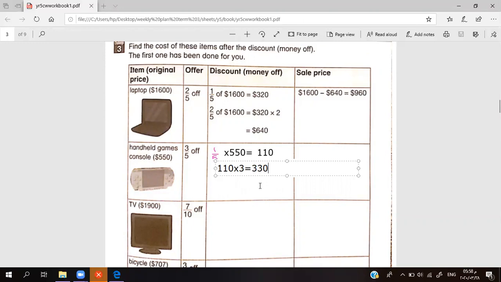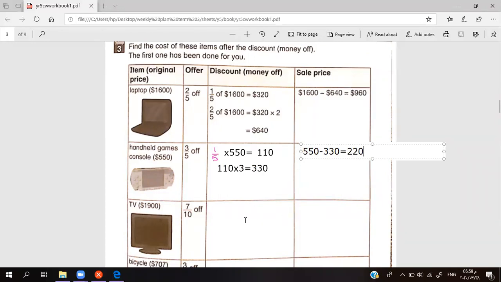So the discount is $330. Now let's get the price. This is the original price and I will subtract from it the discount, which is 330. So it's going to be 220.